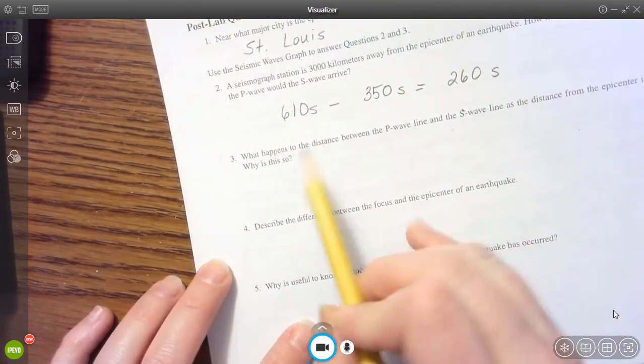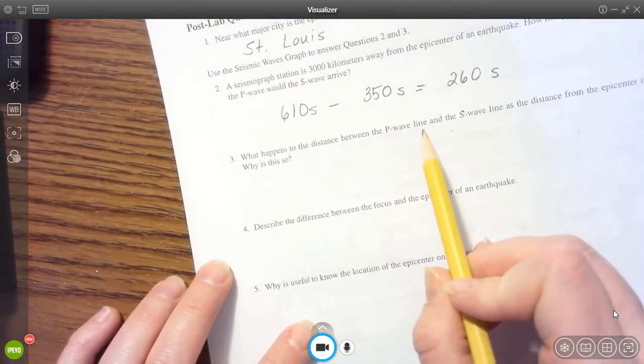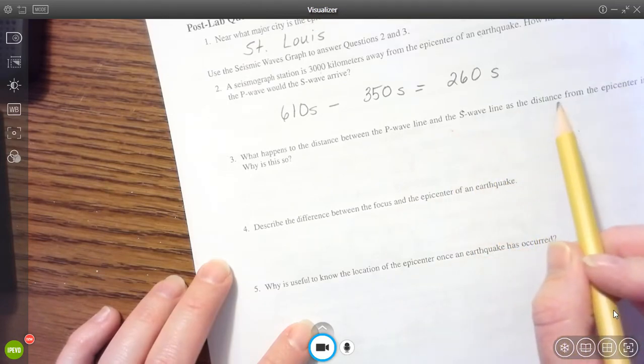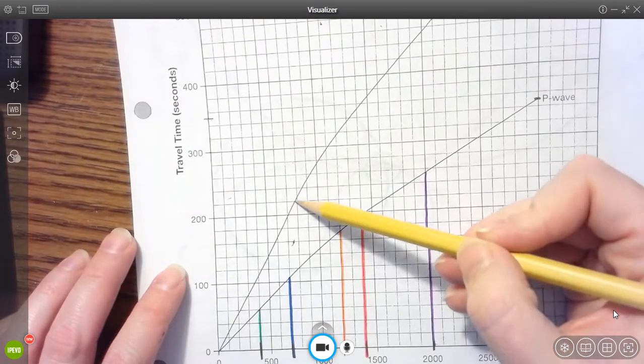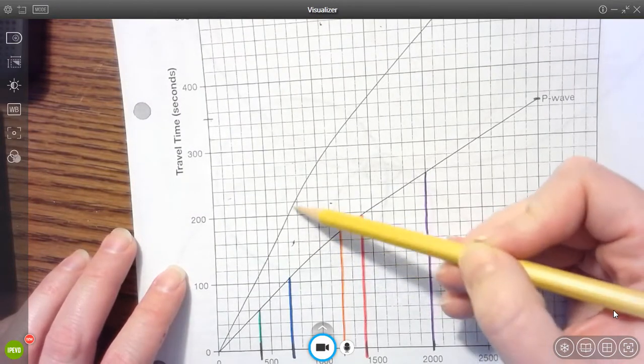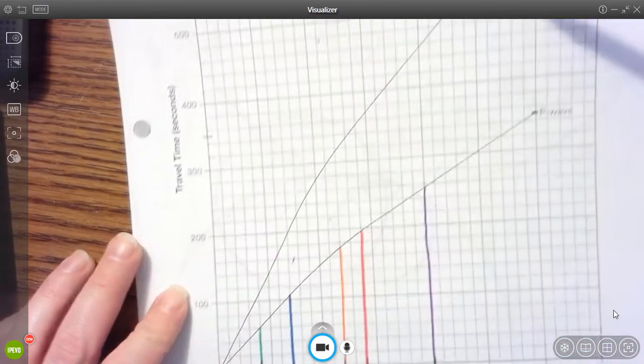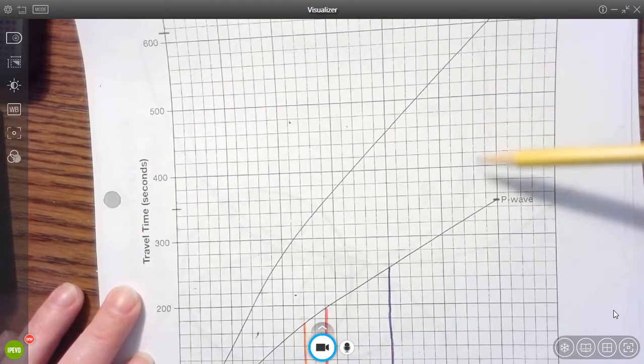Okay, question 3. What happens to the distance between the P wave line and the S wave line as the distance from the epicenter increases? So it's talking about this distance here, which is pretty small towards the beginning, and at the end of the graph you can see it's a lot bigger.